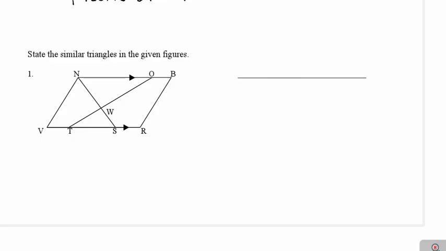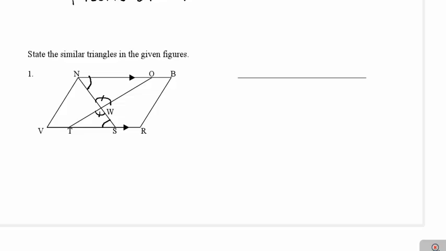We know that by definition of similar, the corresponding angles are congruent and the corresponding sides have that same ratio, but not necessarily the same size. So first we're going to figure out which angles in the diagram are congruent. Since those two lines are parallel, if we look at transversal NS, we can determine that angle ONW is congruent to angle TSW because those are a pair of alternate interior angles. If parallel lines, then alternate interior angles are congruent.